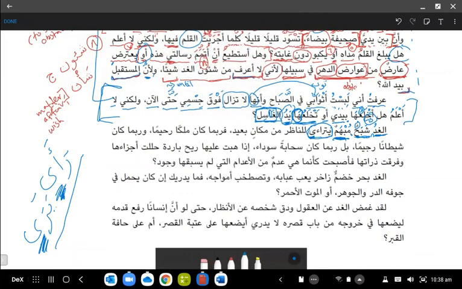So, and here we have nadir. So nadir comes from the verb nazara. Okay, it's a common verb, nazara yanzuru. I think we've come across this before, that's why I haven't included it in the vocab list. It means to look. So similar to ra'a. Ra'a and nazara are, you can say, synonyms in meaning.